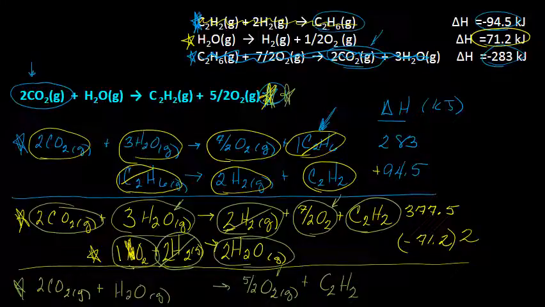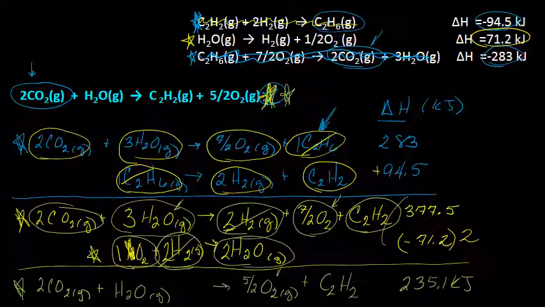Yes, it does. Last step then is to finish calculating our enthalpy value. Now that you've calculated it, you should have come up with a final value of 235.1 kilojoules. Now I'm ready to deal with significant figures.